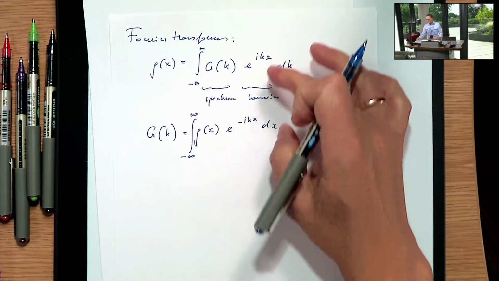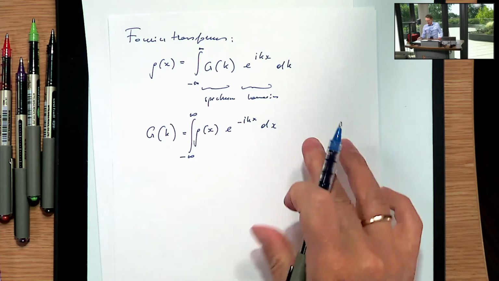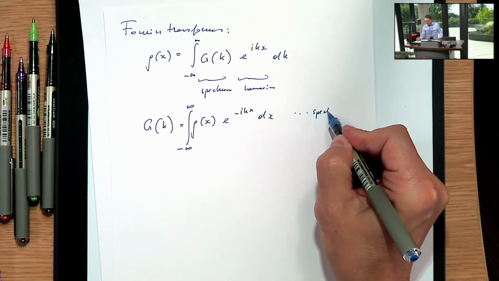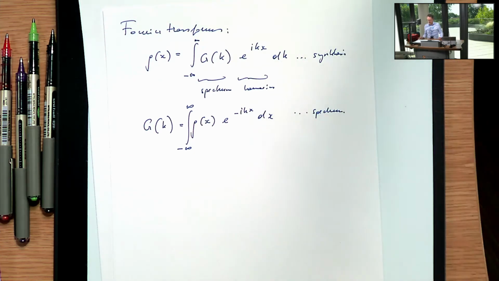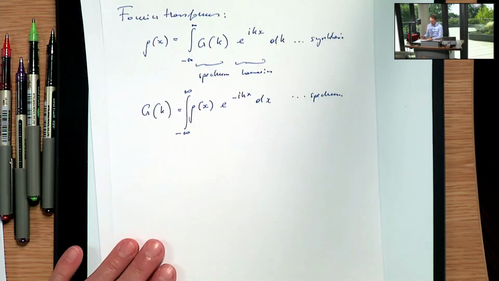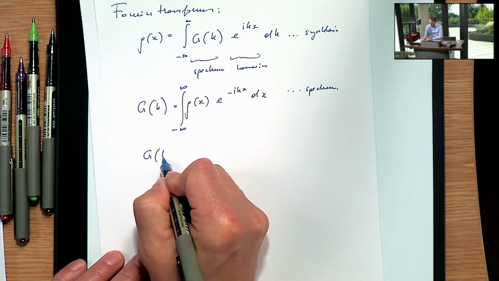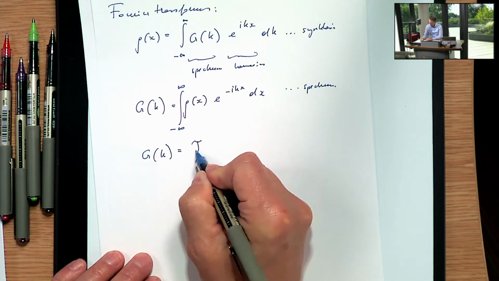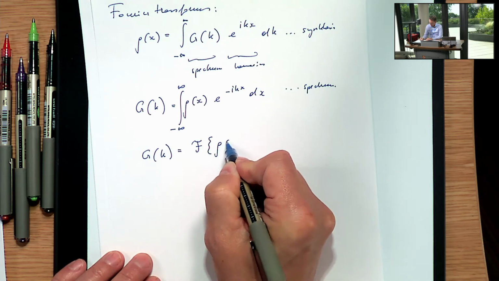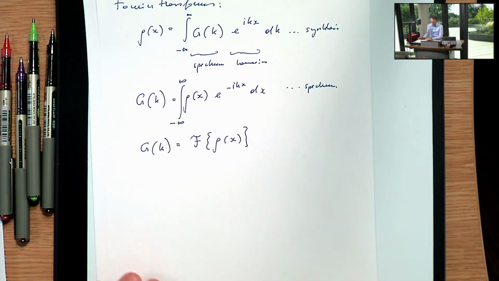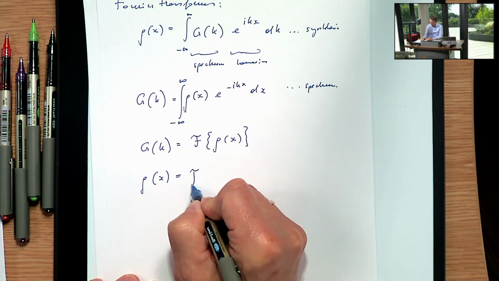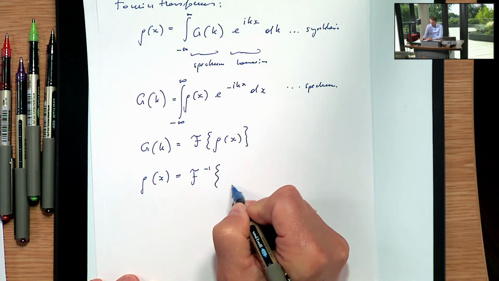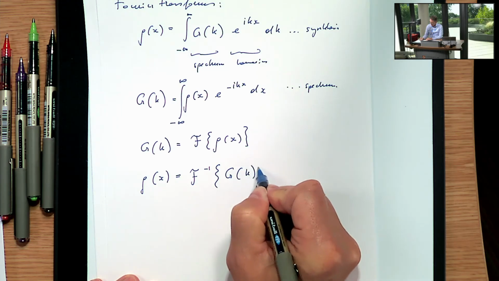You see that these two expressions are really symmetric. This yields the spectrum, and this is the synthesis part that you had beforehand. We denote that g of k is the Fourier transform of the real function. So the Fourier transform yields the spectral components, and the inverse Fourier transform, F to the minus 1, gives g of x.